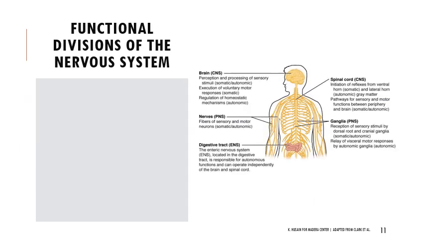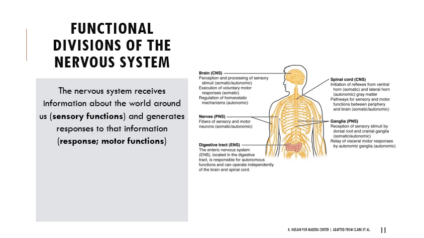So when we're thinking about functional divisions, rather than just splitting it up into CNS and PNS, we start thinking about the types of voluntary and involuntary signals that are being sent out. The nervous system receives information about us, so sensory functions, and then in response to that, it generates some sort of response.